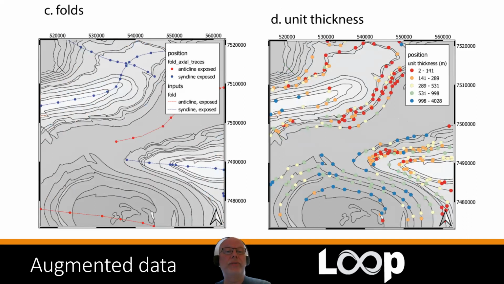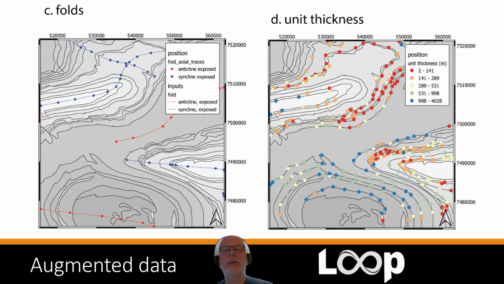We can also get the fold axial trace information from the maps, and on the right-hand side we can go a bit further, and each colored dot here is the estimated true unit thickness based on the apparent thickness that we can measure on the map itself using the algorithms, and an estimate of the local dip of the bedding, which we can get by various interpolation techniques of the observed bedding information. And that allows us to combine those to get the estimated unit thickness.